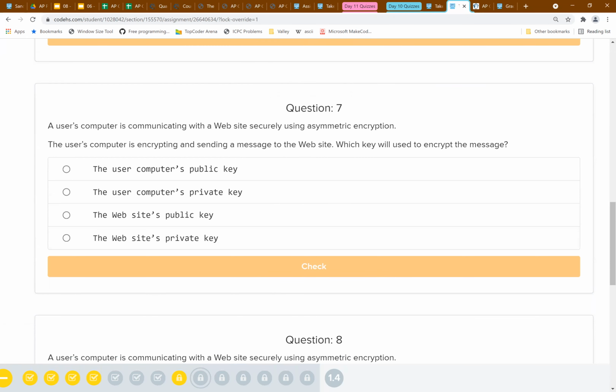A user's computer is communicating with a website securely using asymmetric encryption. The user's computer is encrypting and sending a message to the website. Which key will be used to encrypt the message? Will we use our public key, our private key, their public key, or their private key?